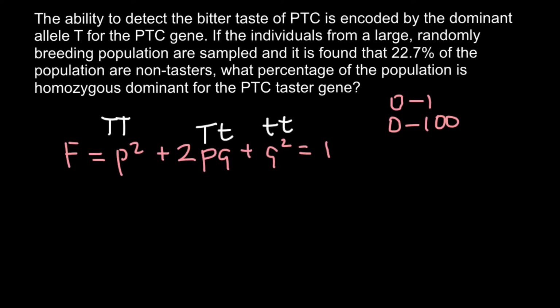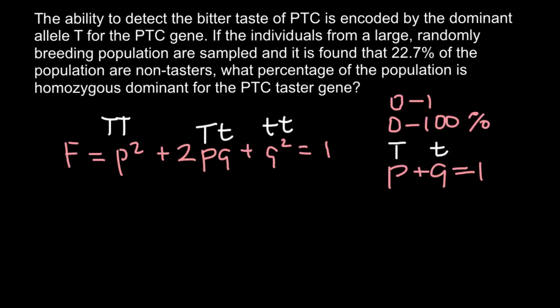So p plus q equals 1 or 100%. p stands for the dominant allele T, and q stands for the recessive allele t. These three genotypes are made by only two types of allele, dominant and recessive, and if we add them together, they make 1 or 100%.